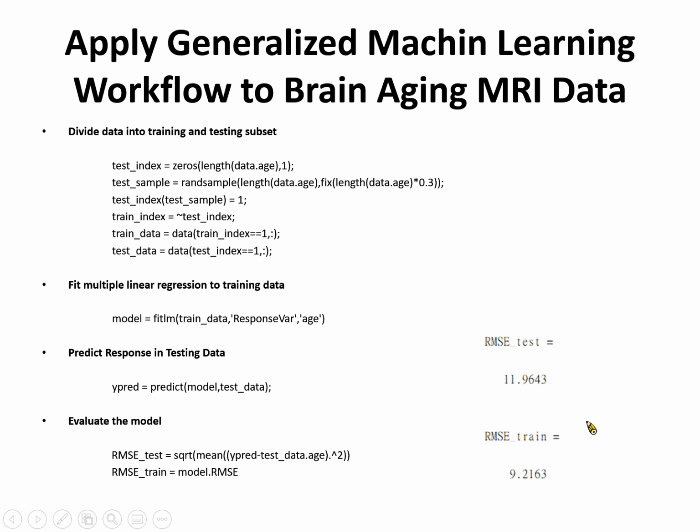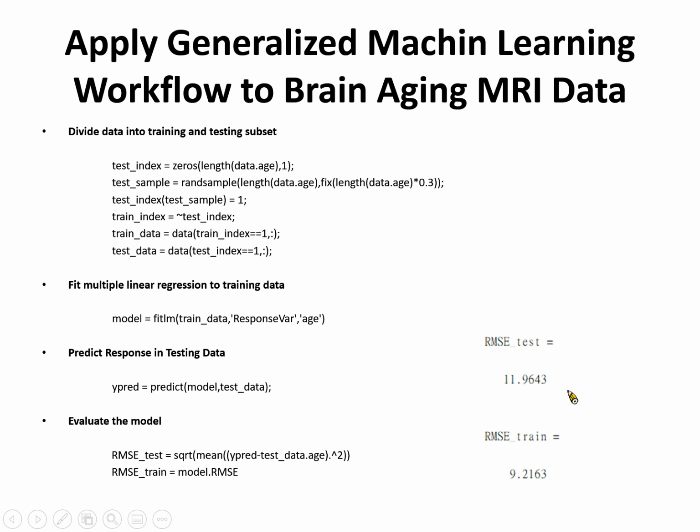But again, I need you to know that the whole point of this practice is not to build a perfect model. You just try to understand the principles of machine learning, and learn how to do this. Maybe you can find a very good model with small errors, but for now we just use linear regression, and it's reasonable to find that the error is not small, because 9 years is still a big error.